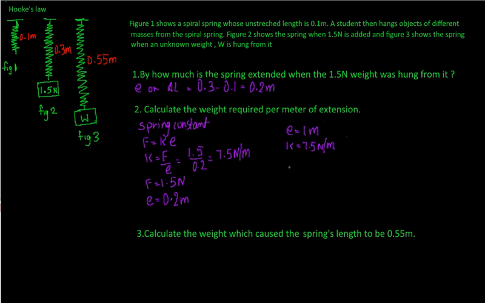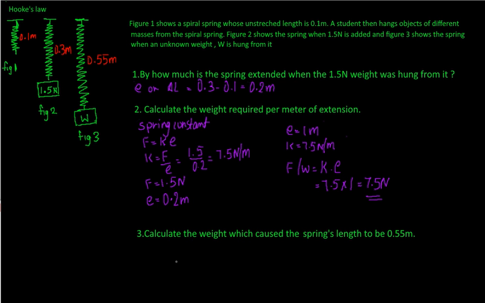So we know the formula for Hooke's law, F, force or weight, is equal to K times E, which is equal to 7.5 times 1, which is equal to 7.5 Newton. So this is the weight required per meter extension, that means for 1 meter extension.